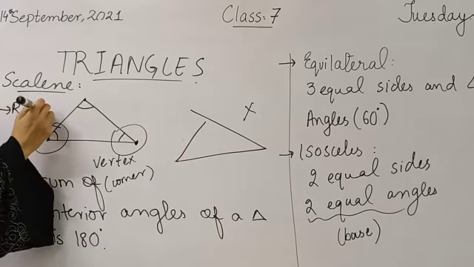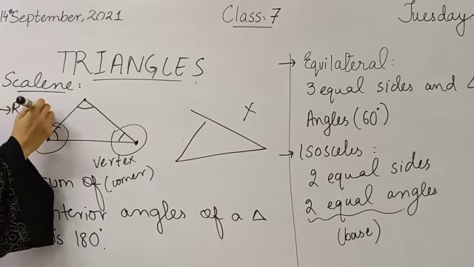A line that joins opposite corners. Okay? Such a line is called a diagonal line.